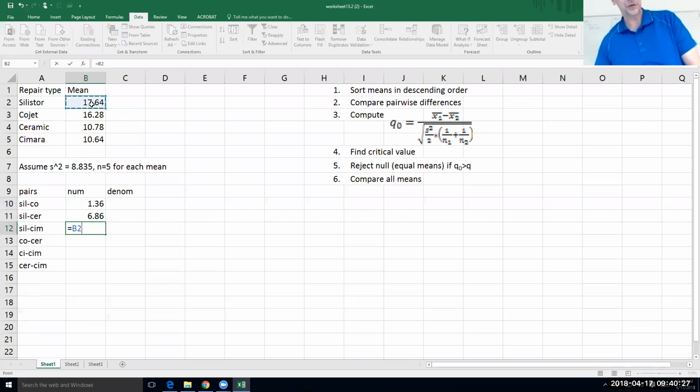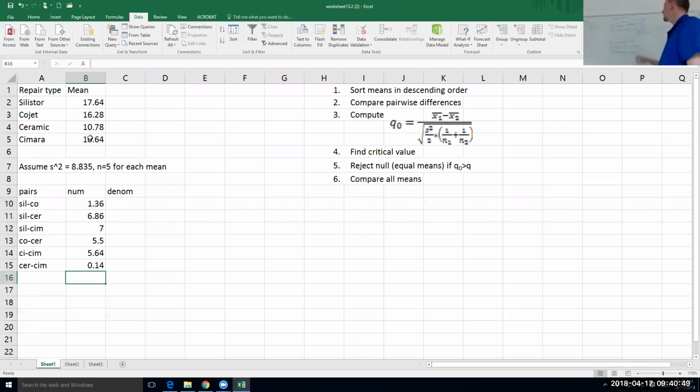We're going to do the Sillistor minus the Samara. We're going to do the cojet minus the ceramic. We're going to do the cojet minus the Samara. And we're going to do the ceramic minus the Samara. Okay? So I've just done all of my numerators here.